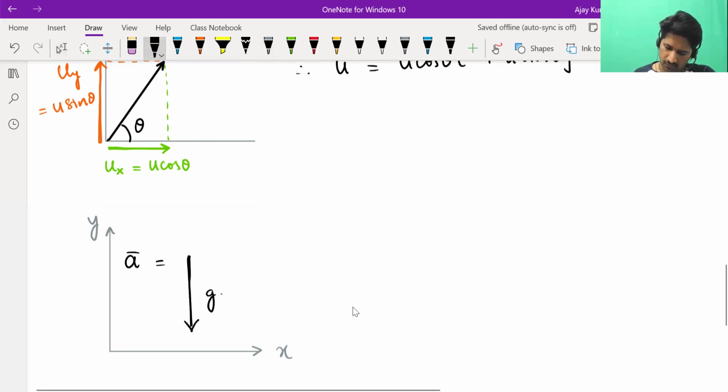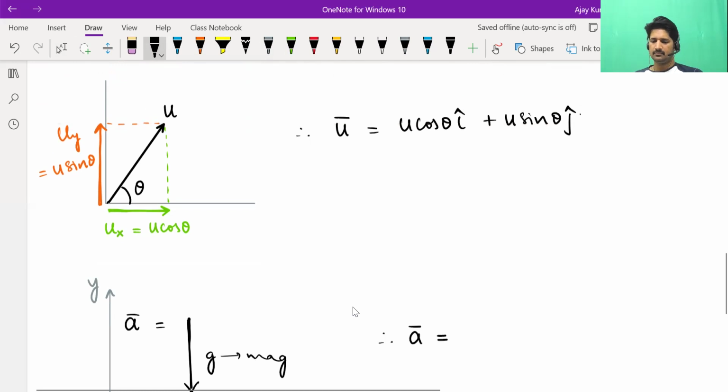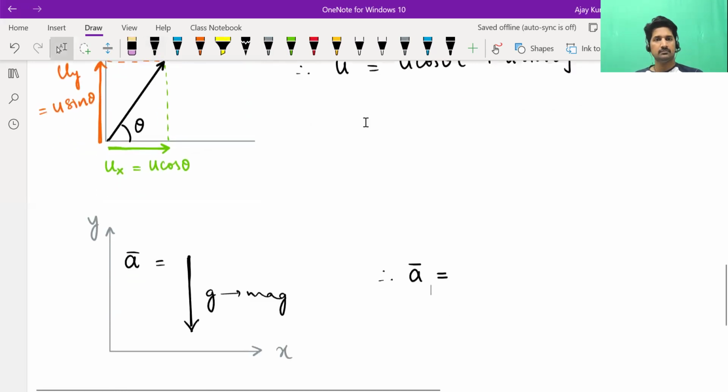G is the magnitude. Downward is the direction. That is minus j cap is the direction. Therefore, Yusuf, can you tell acceleration as a vector in terms of i cap, j cap? The magnitude is g, it is directed downward. So minus j cap? Only minus j cap.